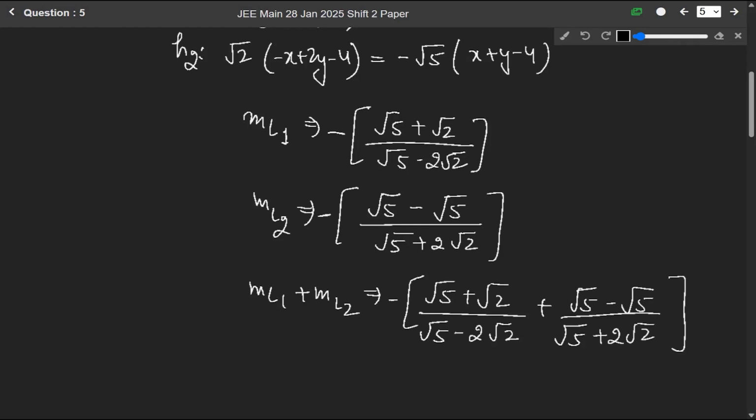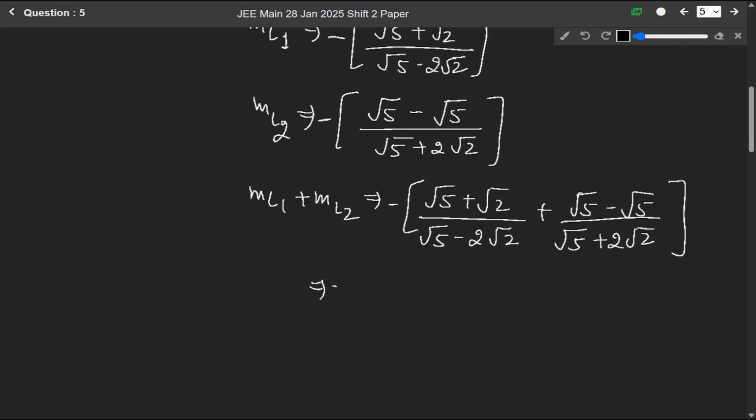Okay, so when we add them, we get the denominator as (a plus b)(a minus b), so it is a square minus b square. So a square minus b square means 5 minus b square, 2 to the 4 into 2, 8. So 5 minus 8 means this will be minus 3.